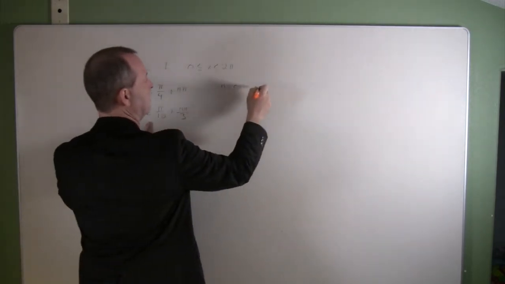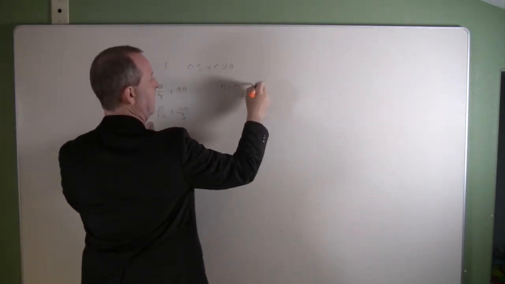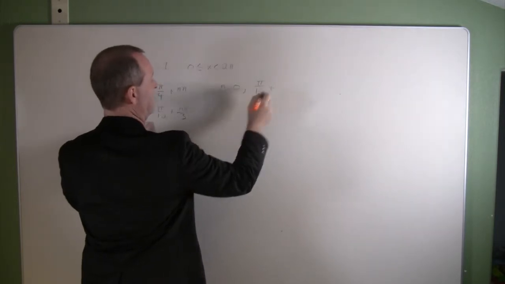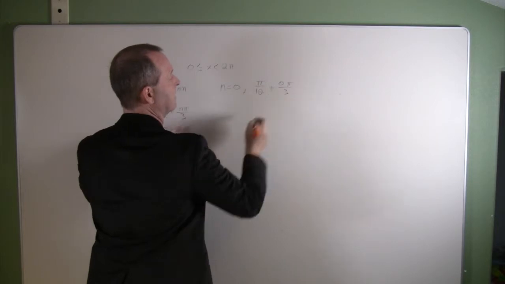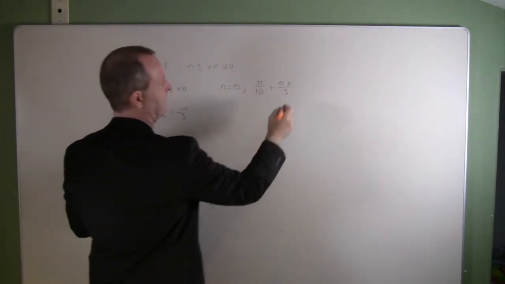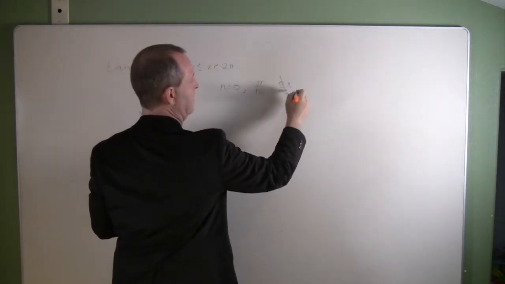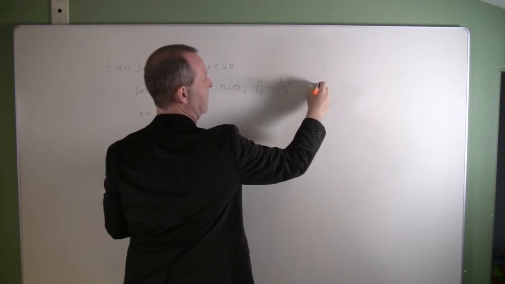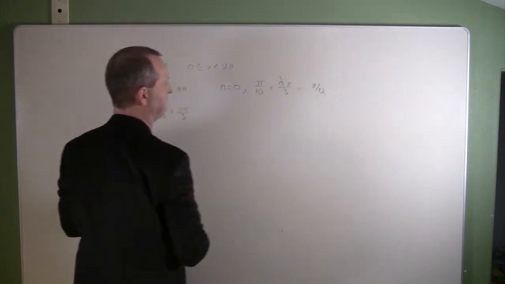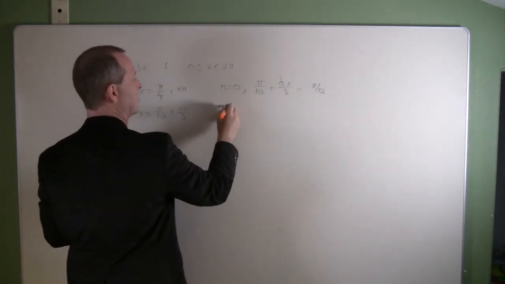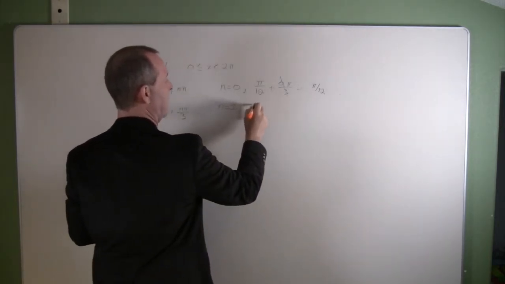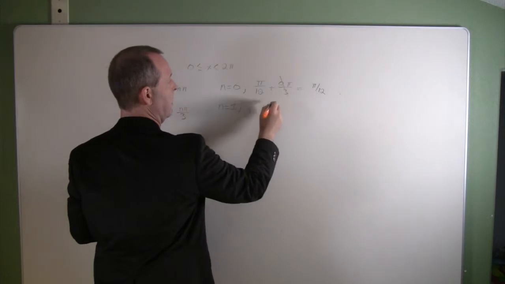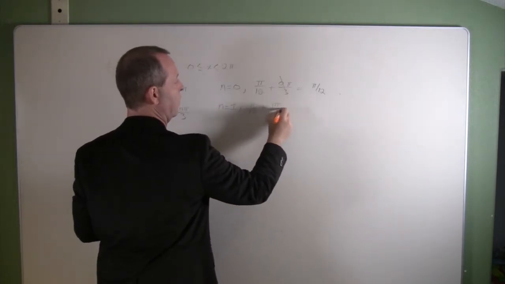This becomes pi over 12 plus 0 pi over 3. This goes to 0, so I'm left with pi over 12. Let's solve at n equals 1. So I have pi over 12 plus 1 pi over 3.